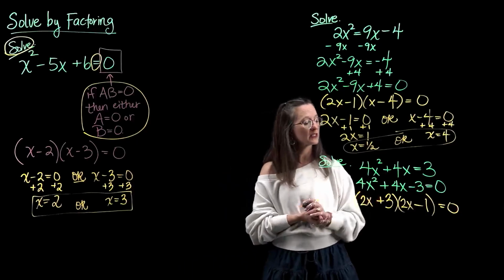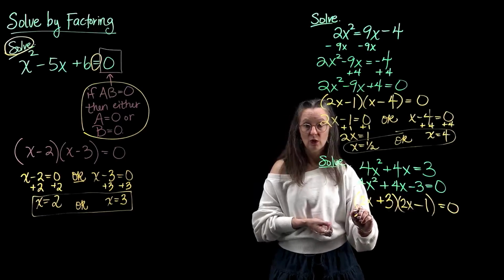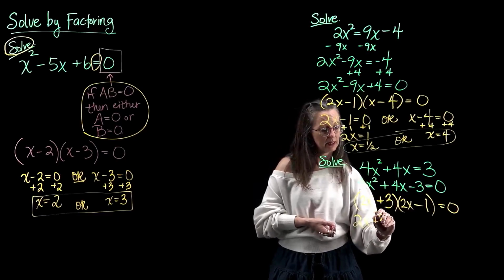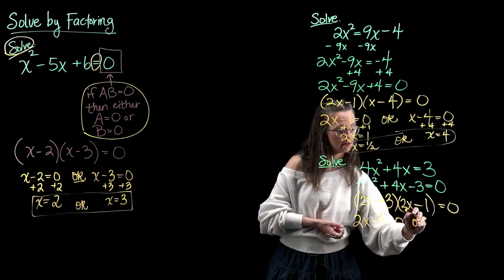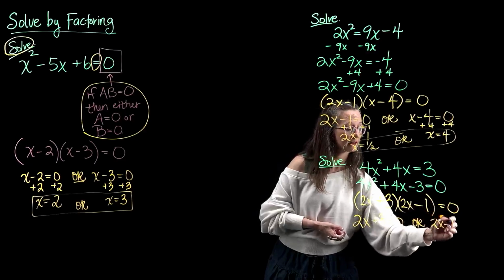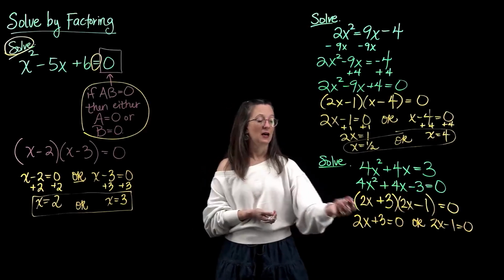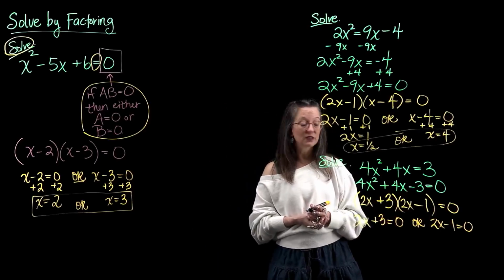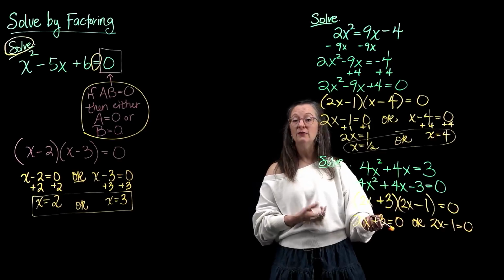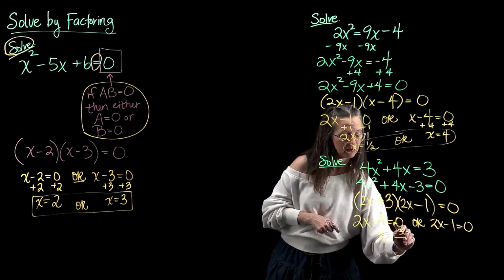All right, so I have 2x plus 3 times 2x minus 1 equals 0. So we'll set each piece equal to 0 on its own. So 2x plus 3 equals 0, or 2x minus 1 equals 0. For 2x plus 3 equals 0, I'll subtract 3 from both sides and divide by 2 to get x equals negative 3/2.